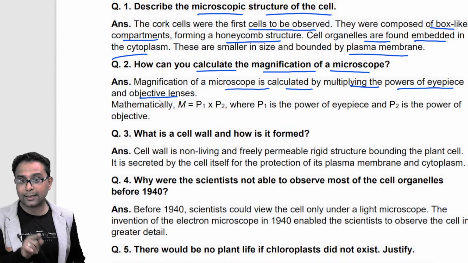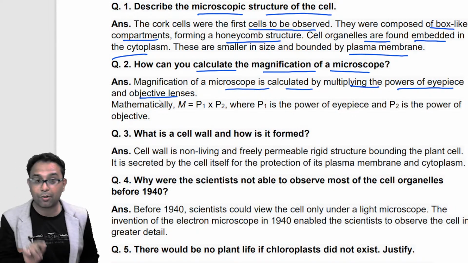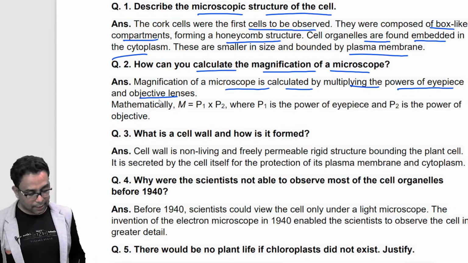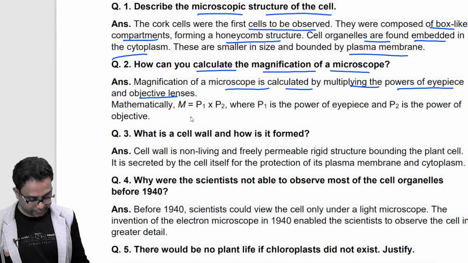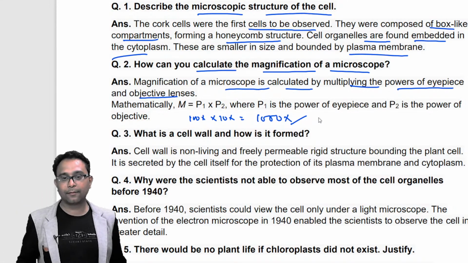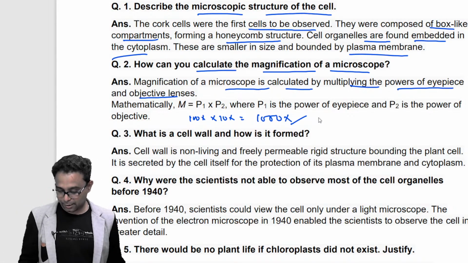If you multiply these two lens powers, you find the magnification power. If the eyepiece is 100x and the objective lens is 10x, the magnification power is 1000x. Right? Very easy. Please bear in mind.